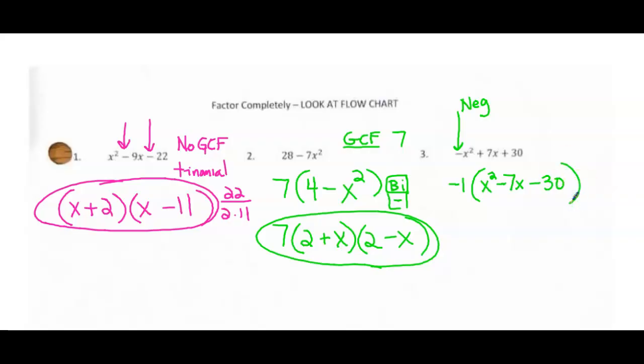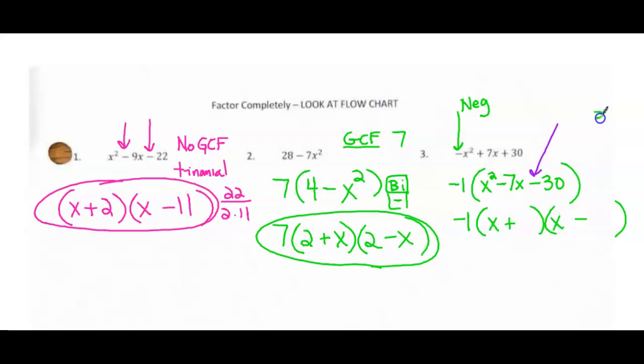And this just so happens to be a trinomial. I'm going to keep my -1 factor on the outside, set up two binomials. When the last term, remember, is negative, I'm going to put one positive and one negative inside my binomials. X times x is the only thing to get x squared.